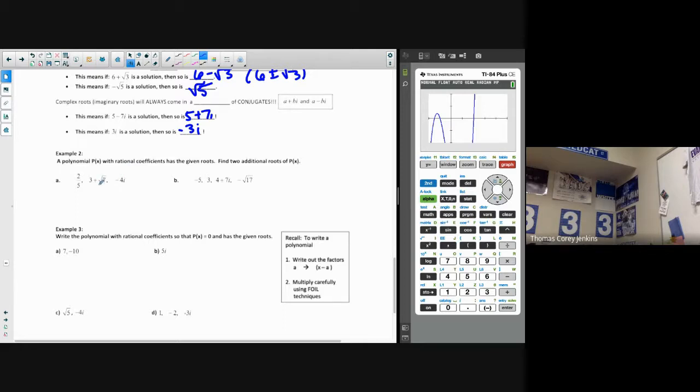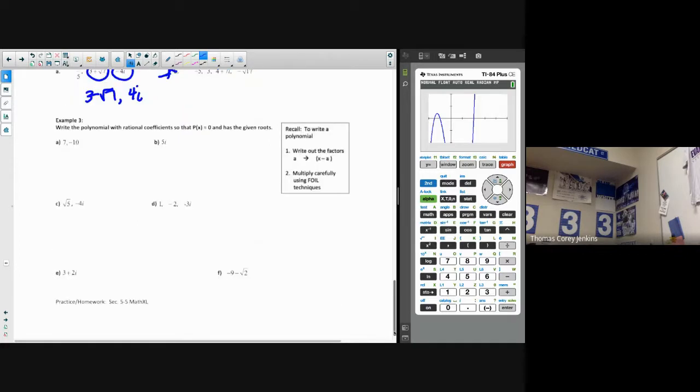The conjugate of 3 plus the square root of 7 would be 3 minus the square root of 7, and the conjugate of negative 4i would be positive 4i. So even though they said a polynomial contains the roots 2 over 5, 3 plus the square root of 7, and negative 4i, you would have to know that it also includes these two, so that was a 5th degree polynomial. I'll leave B for you to do.